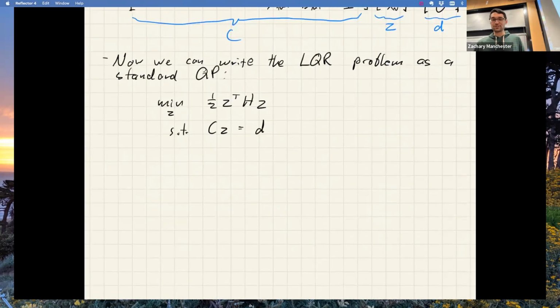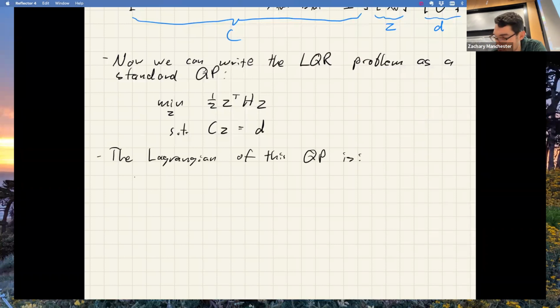Okay, so this is cool. All right, so we know how to do this now. This is just equality constraints. We know how to do that. We're going to do the classic Lagrange multiplier setup. Let's write that down. So we're going to have L of Z and lambda. And so we just get the cost function plus Lagrange multiplier times our constraint, so CZ minus D. And then we can write down KKT conditions from this.